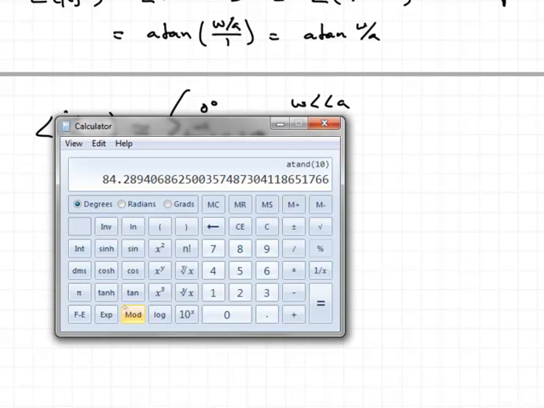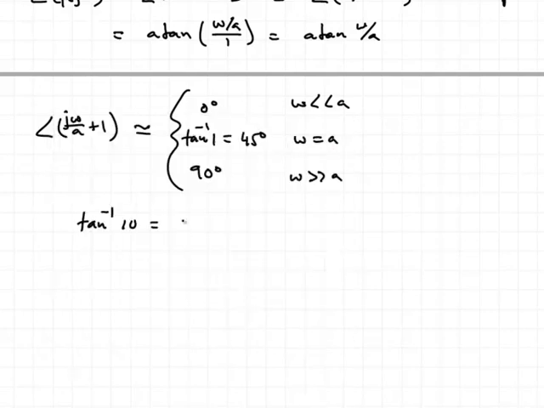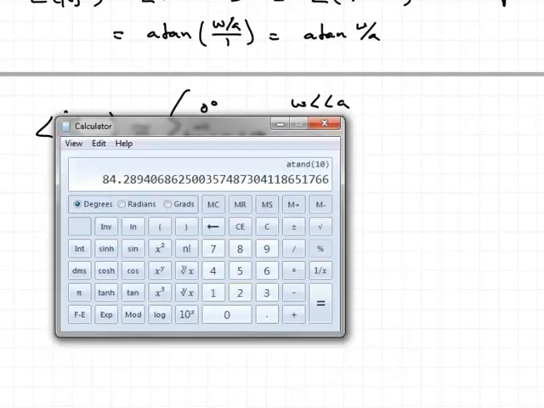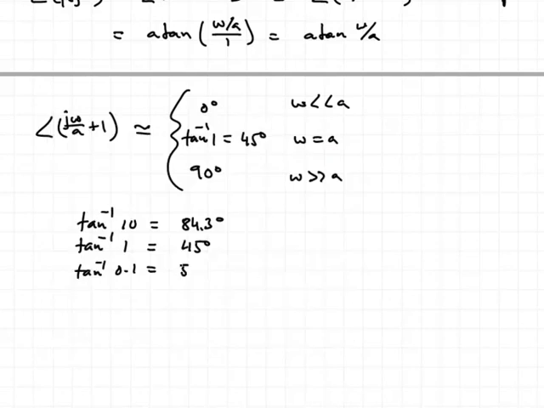Okay, is 84.3 degrees. Arctan of 1 is 45 degrees. Arctan of 0.1 is 5.7 degrees.